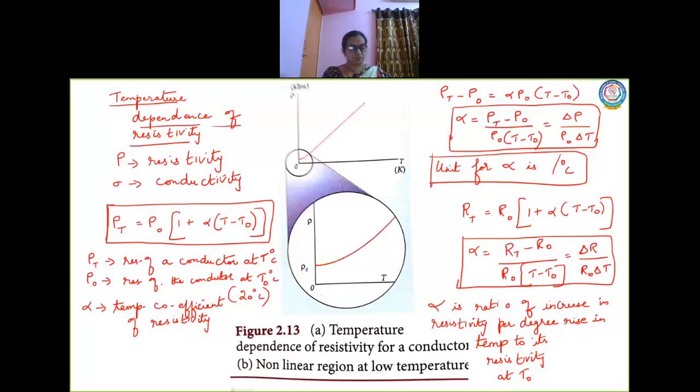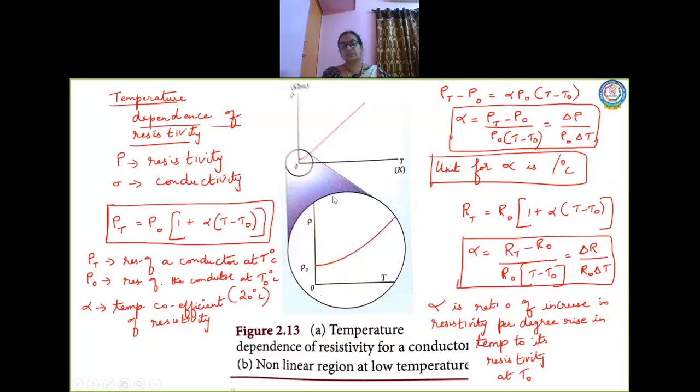So in the case of semiconductors, when you increase the temperature, the resistivity of the semiconductor will decrease. Okay, now that is there in your graph in page number 98, figure 2.14. Now these two graphs are for, now this is a linear graph. I told you there is some non-linear region also where you have some value of resistivity, and after that the graph is varying.